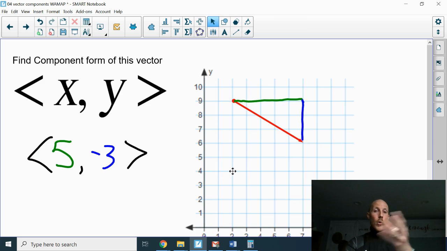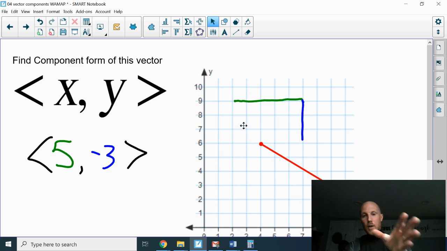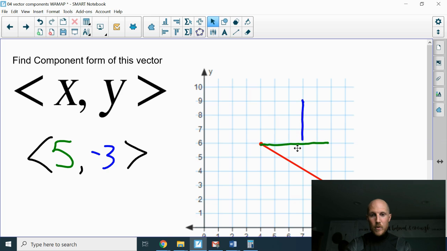So component form does not capture every single piece of information about this vector, right? The location of the vector on the graph is not actually captured by component form at all. So if I had moved the vector to start at a different initial point and a different terminal point, as long as the horizontal component remains the same and the vertical component remains the same, the components do not change.